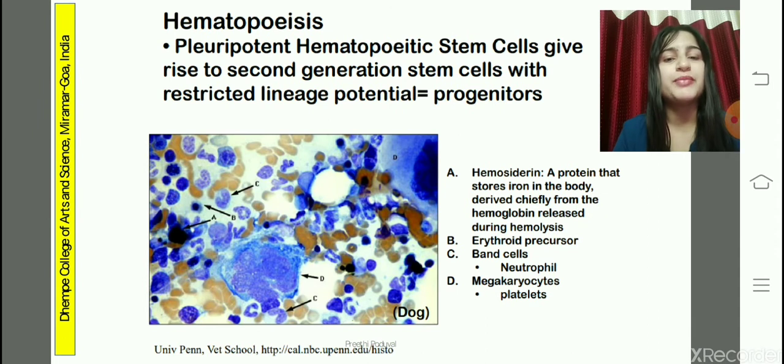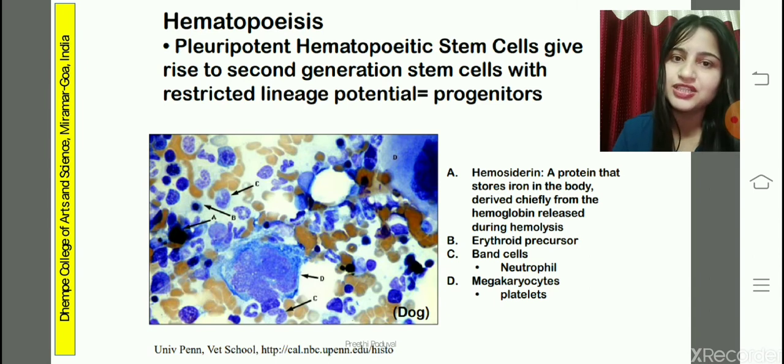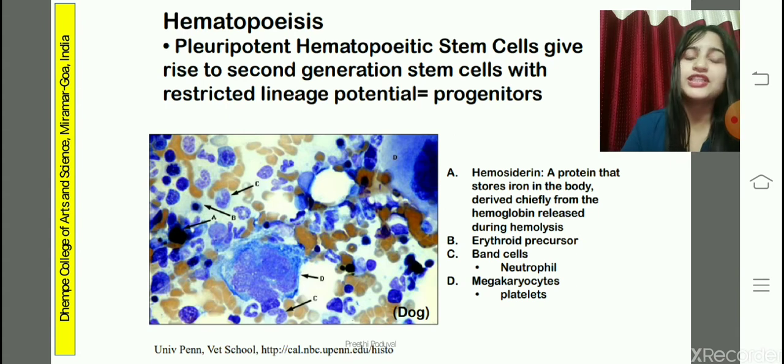Now, hematopoiesis, or the pluripotent hematopoietic stem cells, gives rise to the second generation of stem cells with restricted lineage potential, and this is known as a progenitor cell. What you can see over here is a mixture of various kinds of cells, and what is marked in B is a progenitor erythroid precursor or progenitor cells.